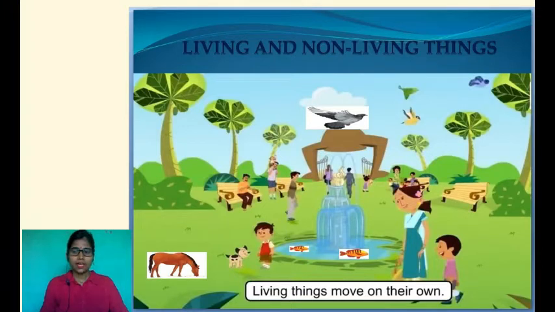Plants, animals and humans are living things. But sun, moon, stars, building, car, etc. are non-living things. Then, how do you know that these are living and these are non-living things? As in your picture, you can see human beings are also there, and these are living things.